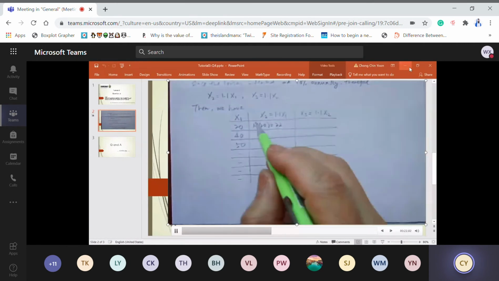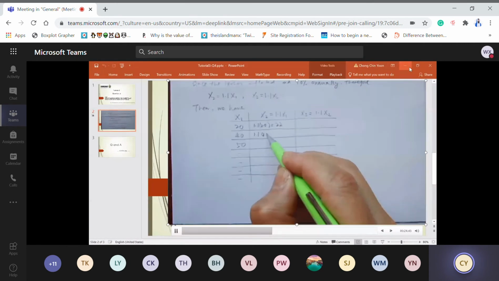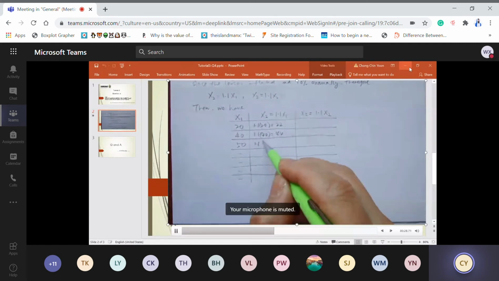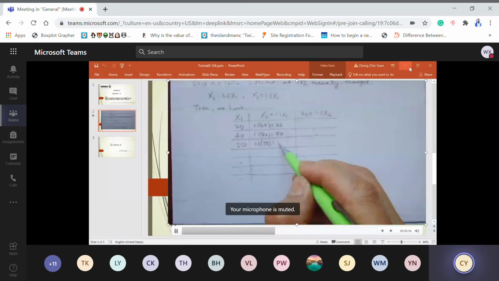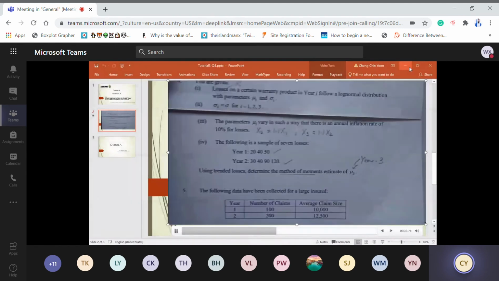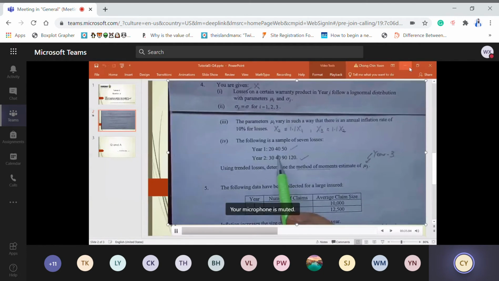And similarly, 1.1 multiply 40, we will have 44. And 1.1 multiply 50, we will have 55. In year 2, there are another 4 data given. So we will have 30, 40, 90, and 120.